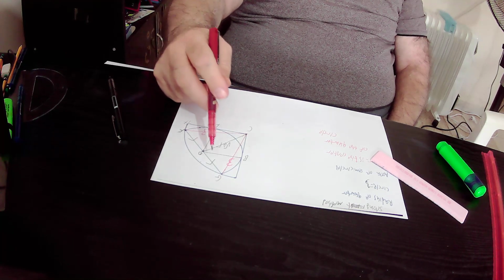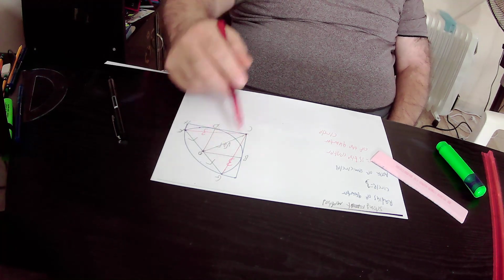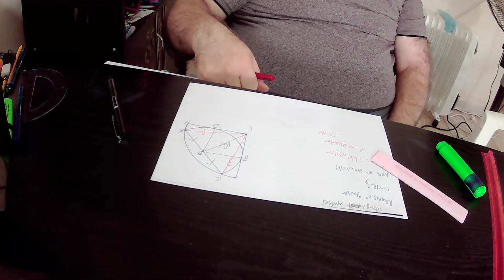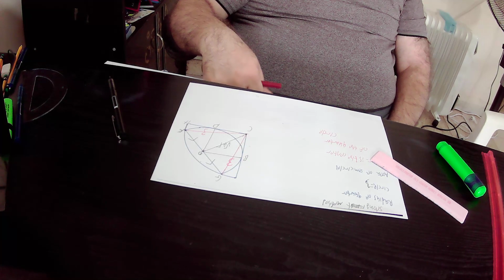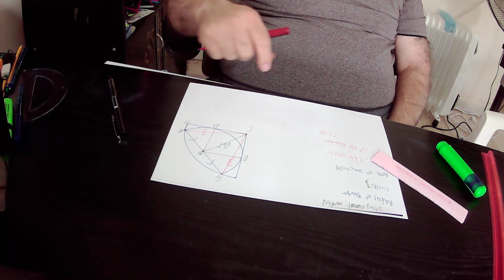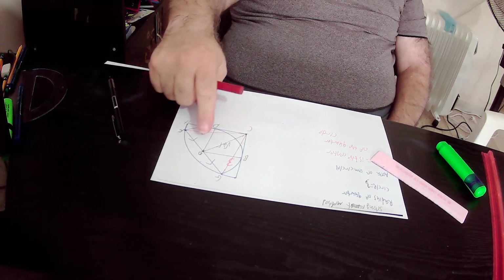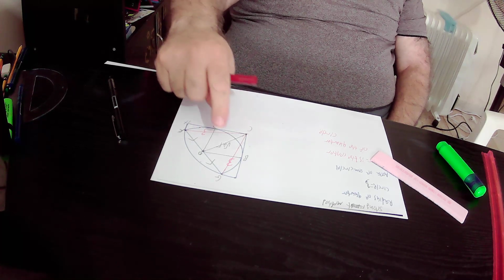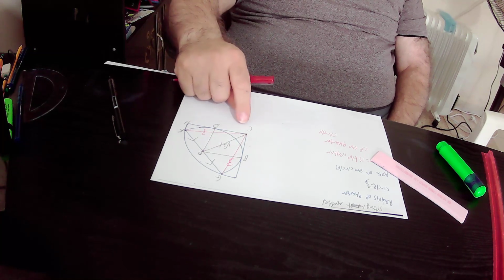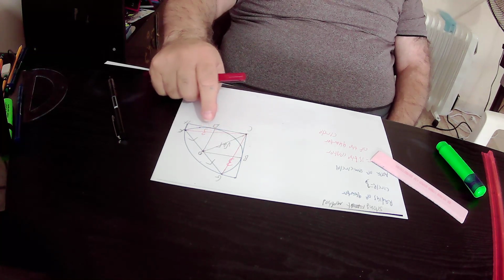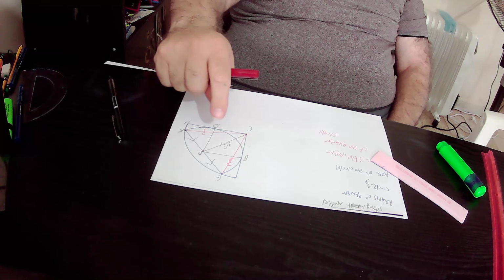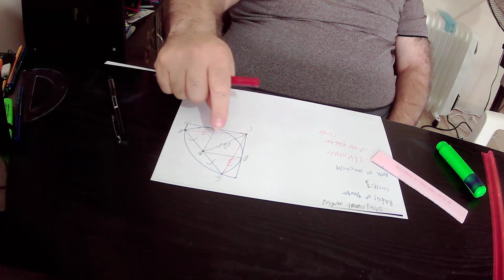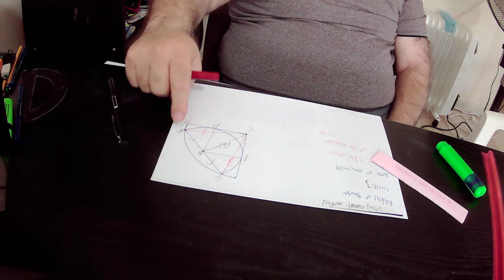The base of the isosceles triangle GCF is GF. And here line segment CO is the median to the base GF. Why is CO the median to the base? Because CO bisects the base GF into two equal parts. That is to say, GO equals OF equals R.